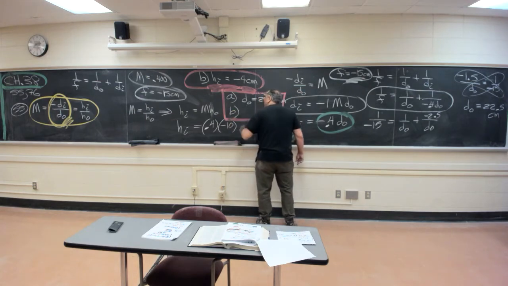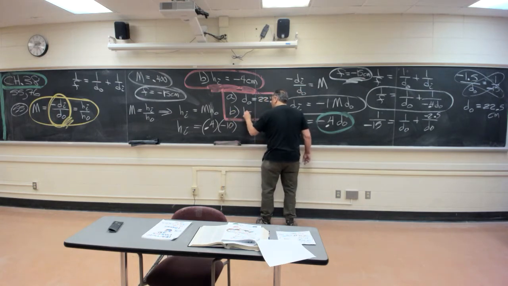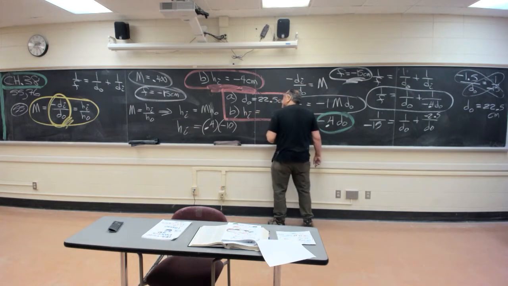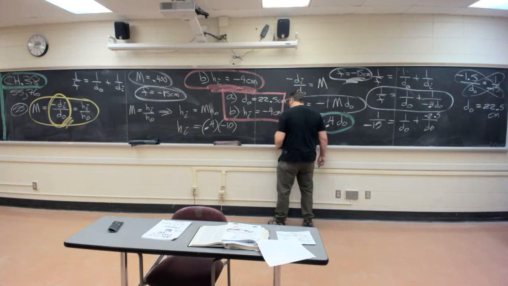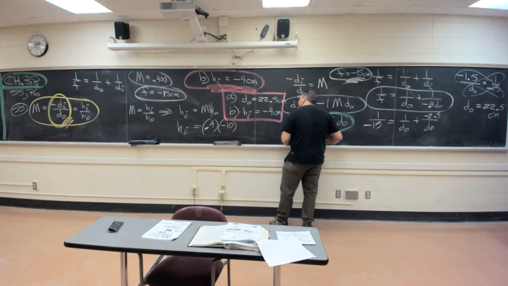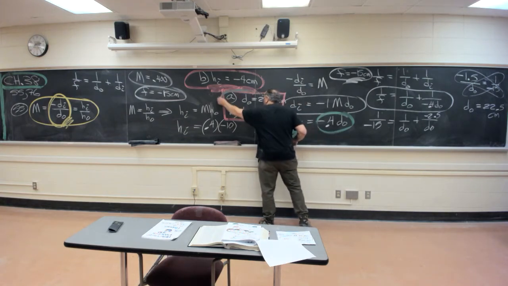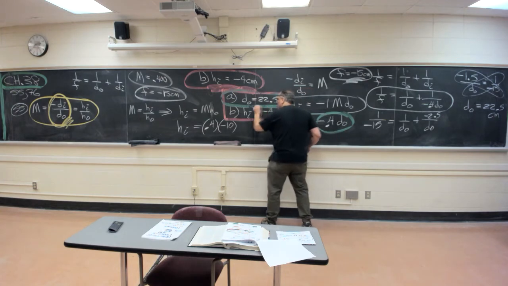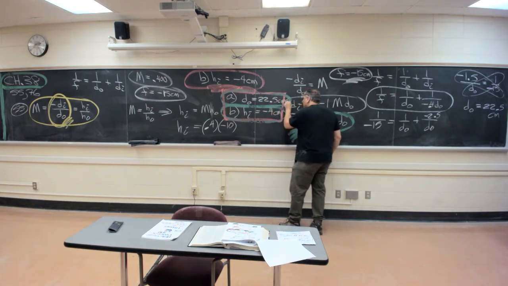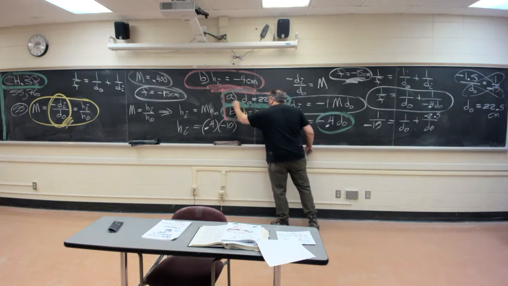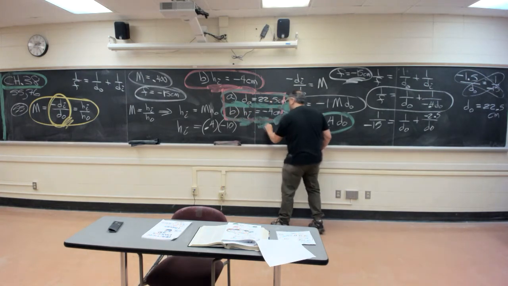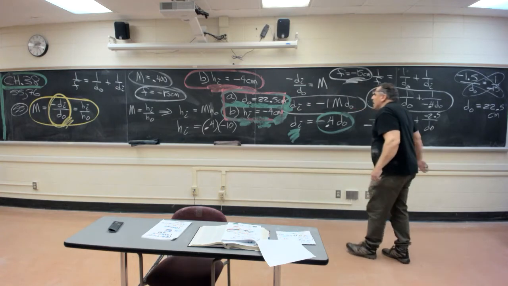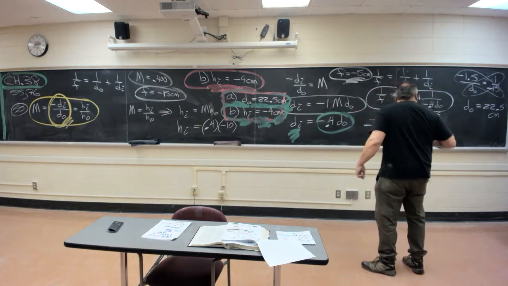That's A. hi is negative 4 centimeters. And that's it. And that's where we're going. That's where we got all that.